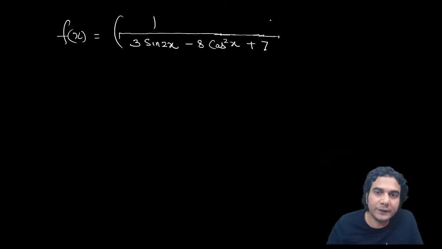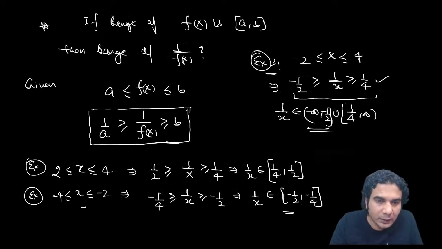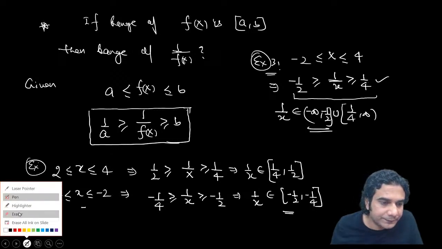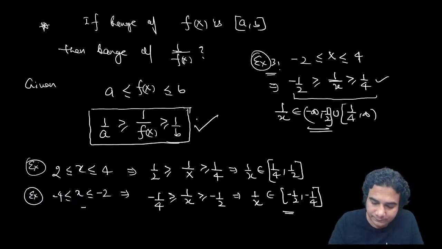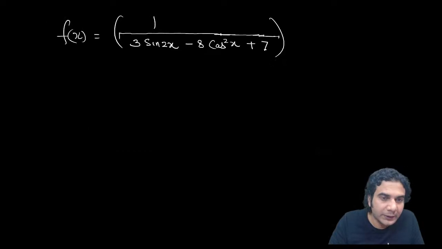Try to find the range of this. Okay, I'll correct it. Yeah, that is 1 upon b. Thank you. That will be 1 upon b. All right, so you got it. Try this one. Let me know the answer if you are able to do it.